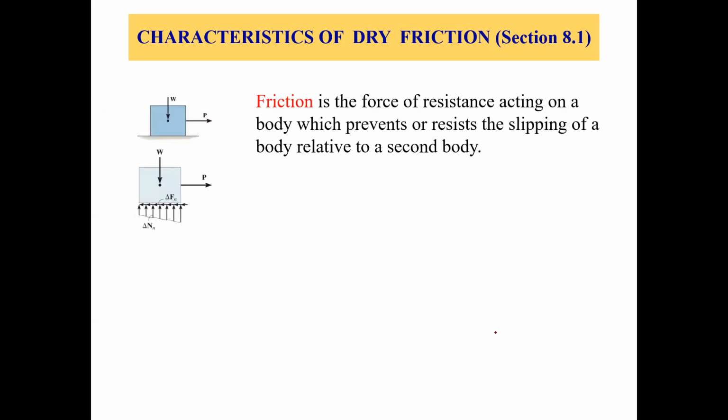As you can see on the left side in this picture, there's a box placed on some surface, maybe a floor. What are the forces acting once this box is placed on the floor? First of all, let's read this. Friction is the force of resistance acting on a body which prevents or resists the slipping of a body relative to a second body.